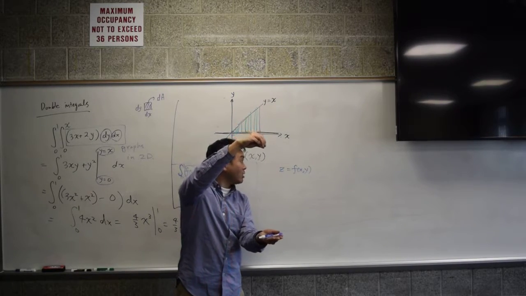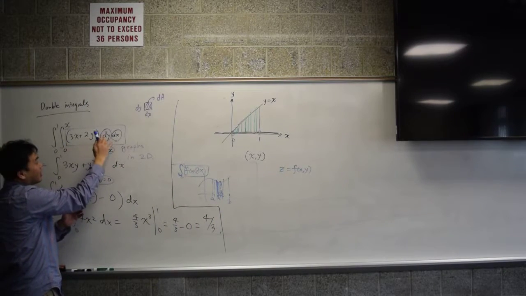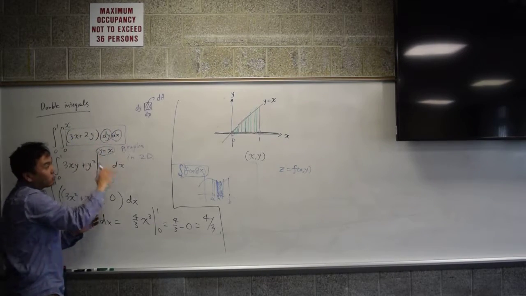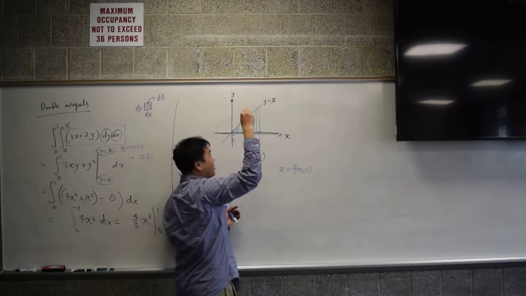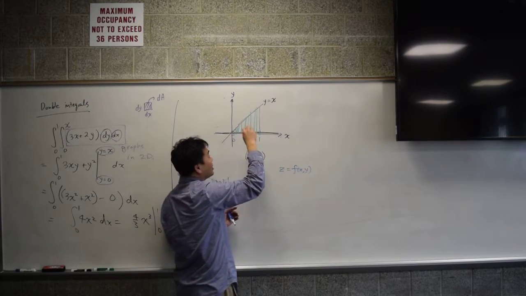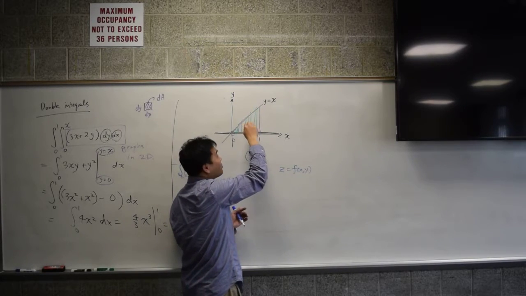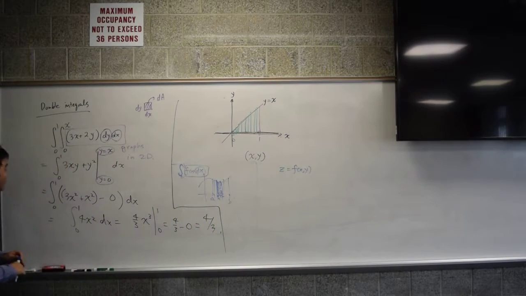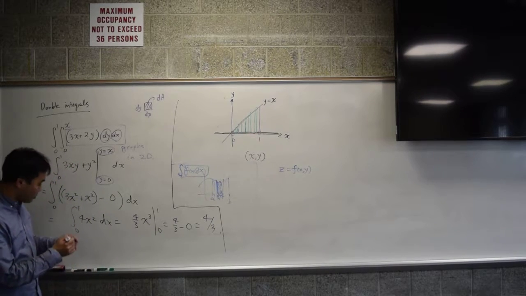The volume of the column is f(x, y) times dy times dx, base area times the height. And then you're taking all those very, very thin bars and adding everything up so that you end up with the volume under the graph. So the meaning of this calculation, this 4/3, is the volume under the graph.